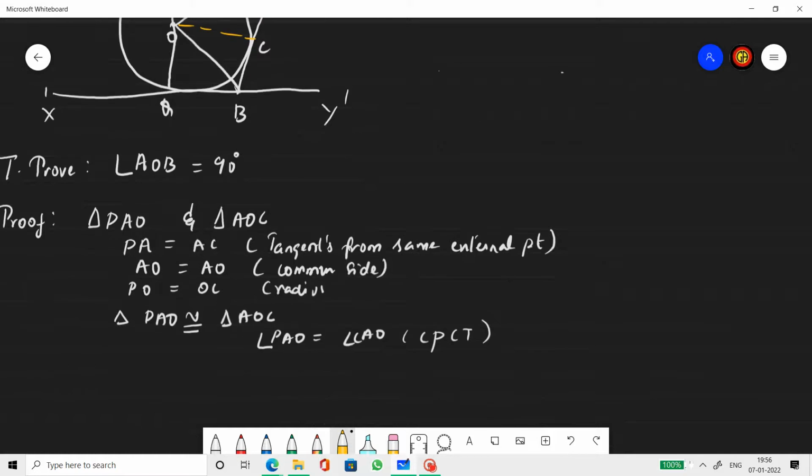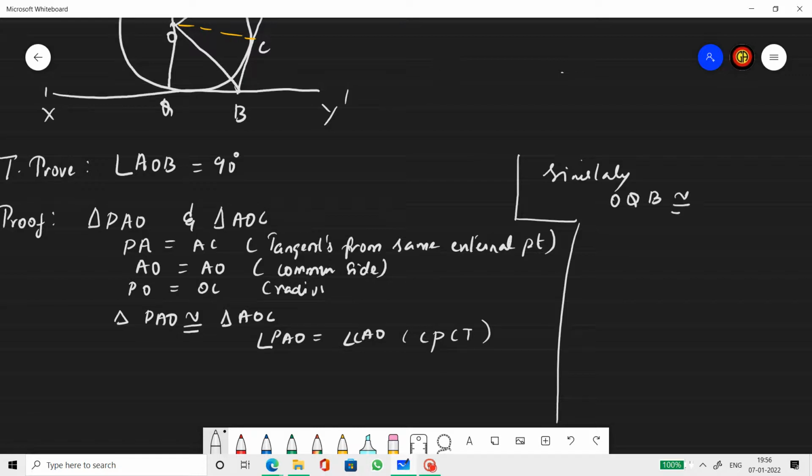So similar things will happen for the next triangle also. Similarly, triangle OQB will be congruent to triangle OCB.